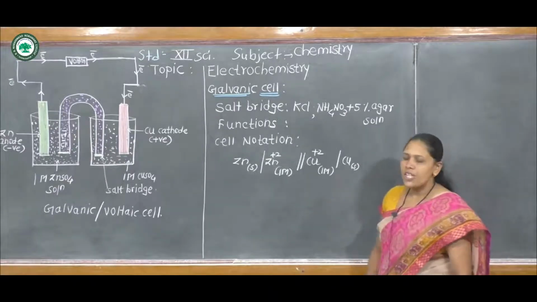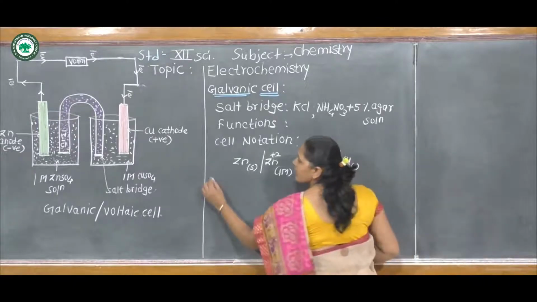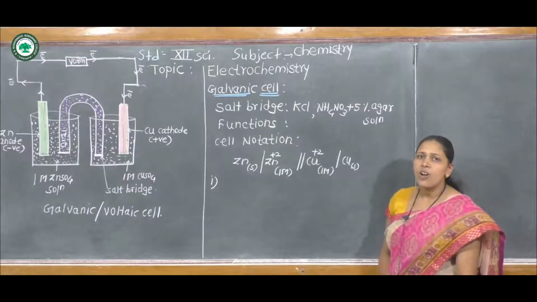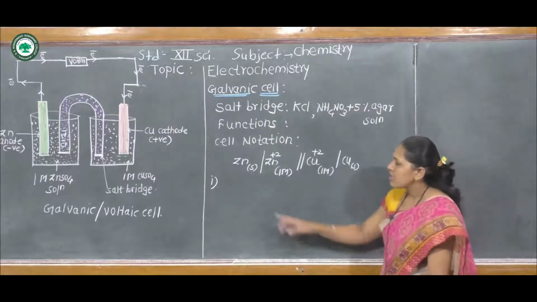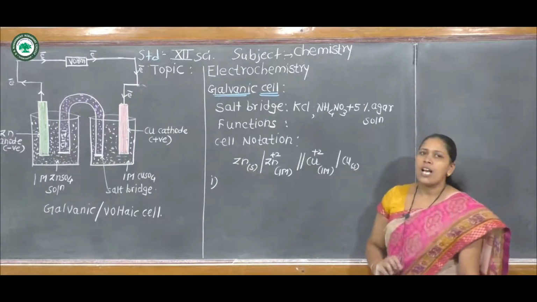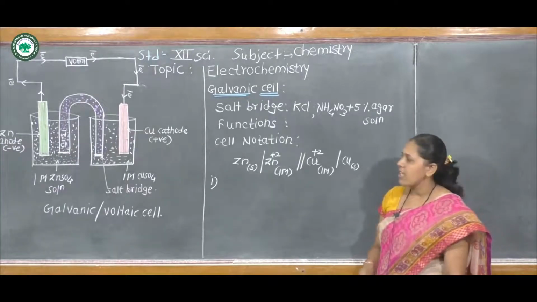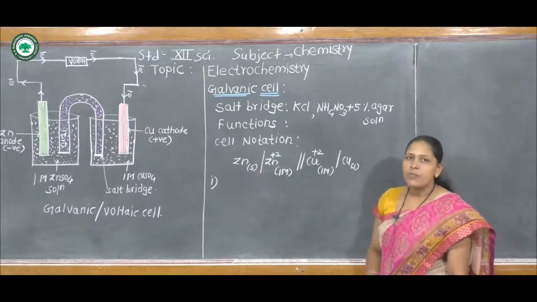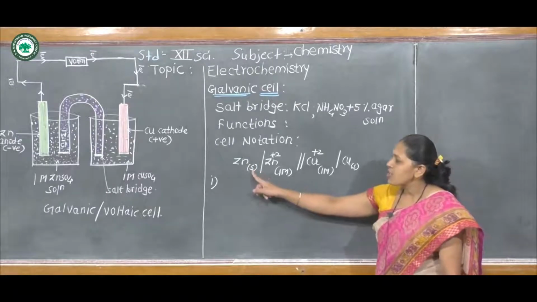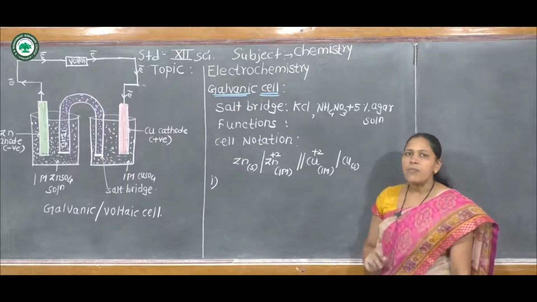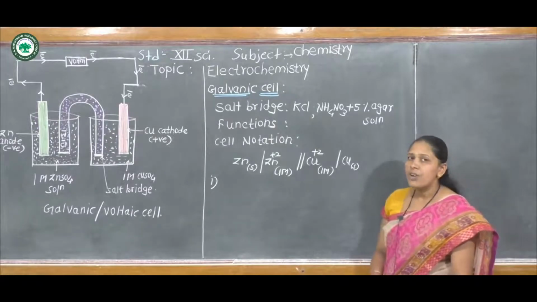In cell notation, the first rule is about the metal electrode or inert electrode. Here, the zinc and copper electrodes, the metal electrodes, are placed at the extreme end of the cell formula. This is the first rule.